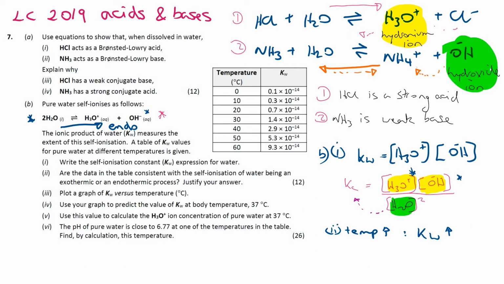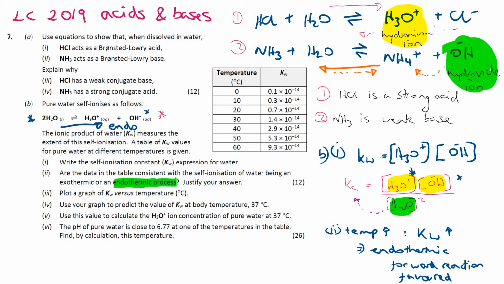If I'm making more products because Kw is getting bigger and bigger, I must be favoring the forward reaction, which is endothermic. Therefore, this reaction is an endothermic process because we're getting more of the ions at a higher temperature. Or the forward reaction is favored.